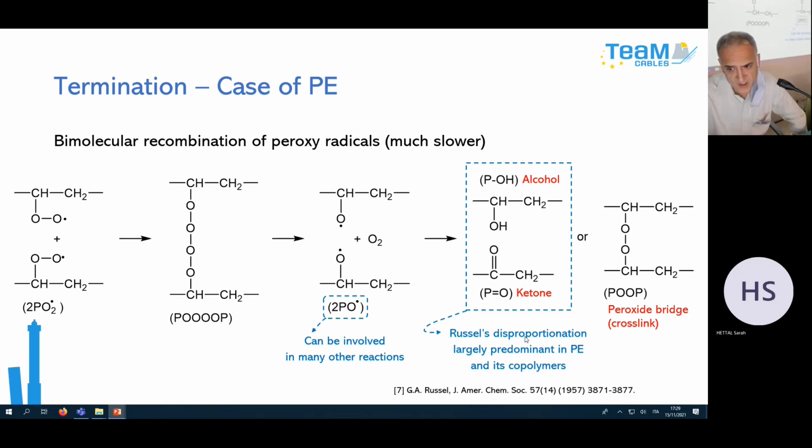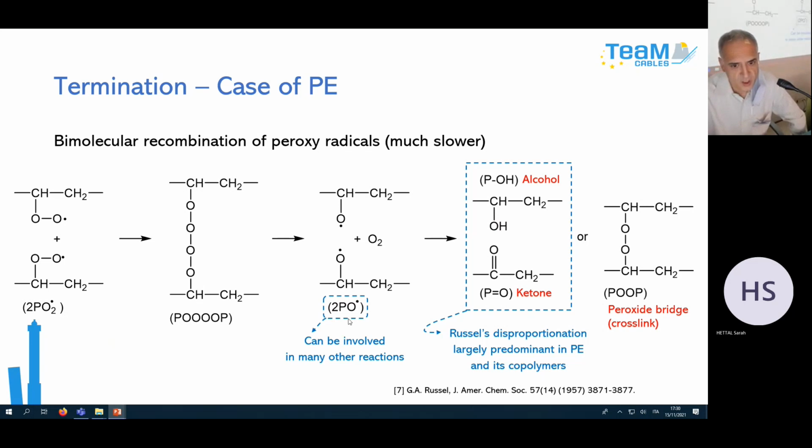And Russell shows that the disproportionation of alkoxy radical is considerably faster than the coupling. So it is possible, in the case of polyethylene, in the first approach, to neglect the coupling.